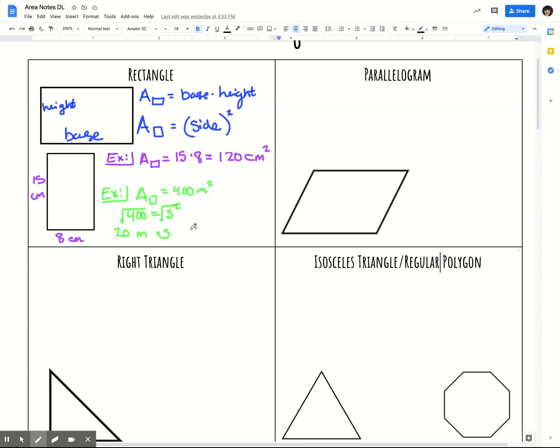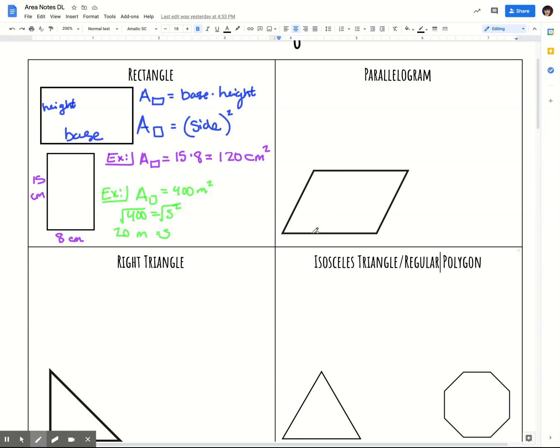All right. So the next type of shape is a parallelogram, and we're also going to talk about rhombuses, or rhombi, in this one. When you're looking at a parallelogram, you may remember me referring to it as a drunk rectangle. It's literally a rectangle that's kind of fallen over on its side.